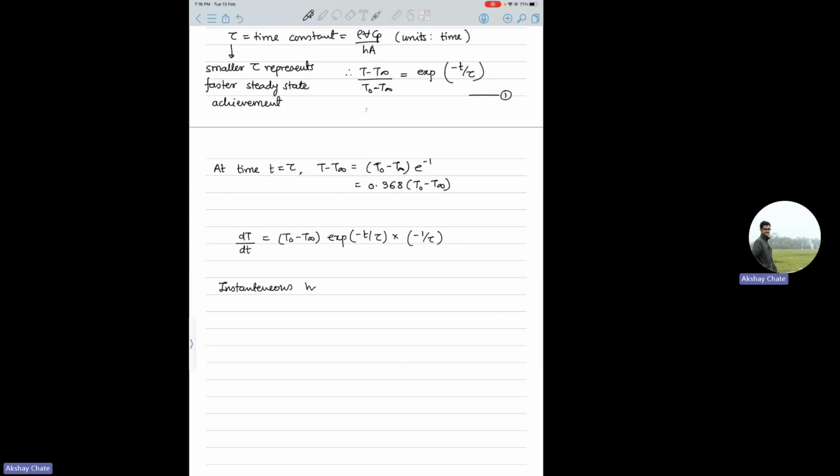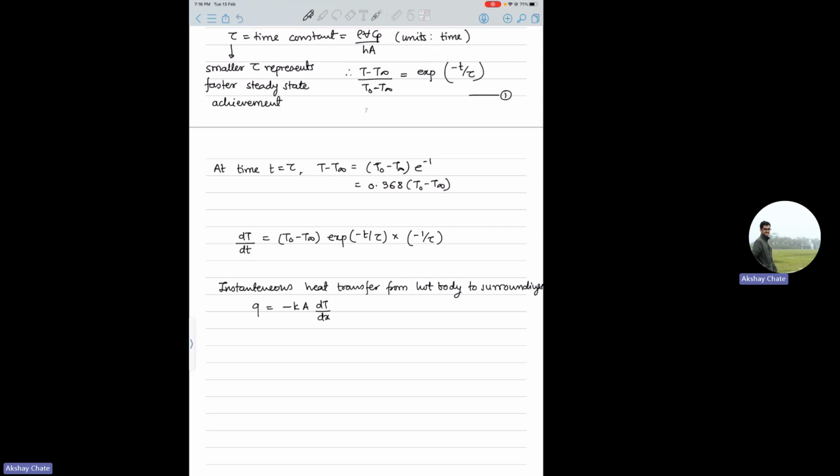And the instantaneous heat transfer from the hot body to surroundings is given as, let's say, Q equals minus k A dT by dx, right?